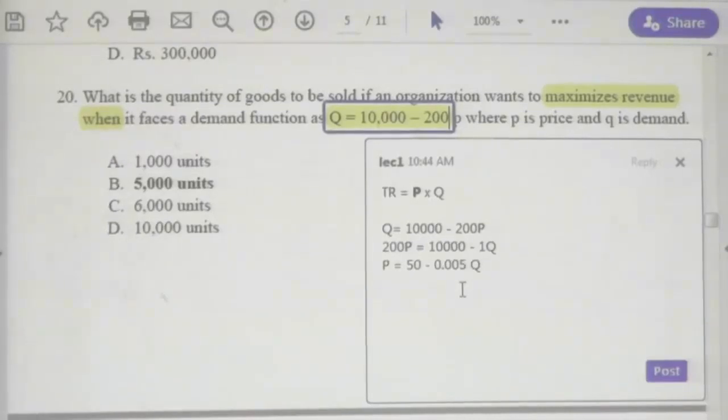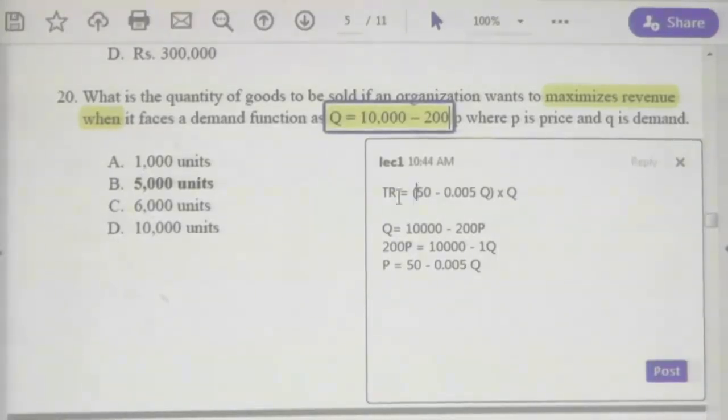This is the answer. Now you have the price function: P equals 50 minus 0.005Q. Now this price function can be taken into this place. Since it is not a single value, you have to use the bracket.